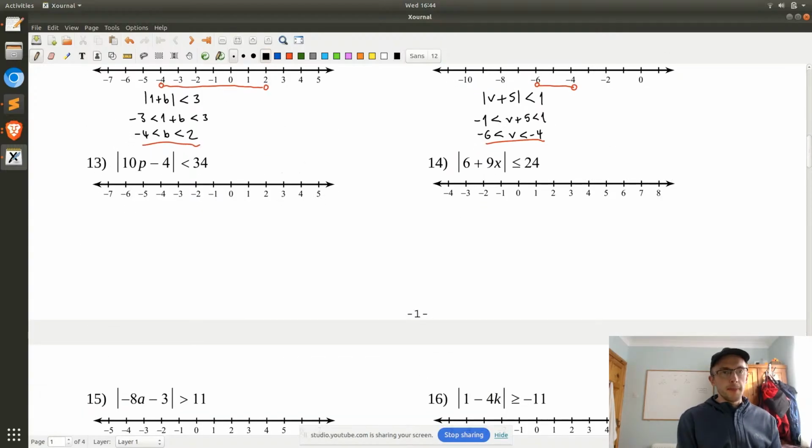Moving on. Okay, so as a linear 10p take 4, it's trapped between negative 34 and positive 34, and add 34 to both pieces, negative 30. Like that. Divide them both now. Gotcha.